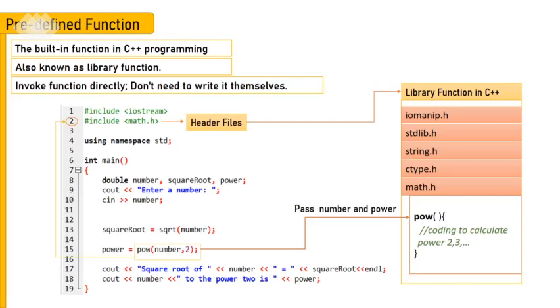Line 15 will pass the value of number and power to the predefined function pow, and this predefined function pow in the function library will calculate the power and return the answer to line 15. The answer will be transferred and stored in the variable power in your program in line 15.